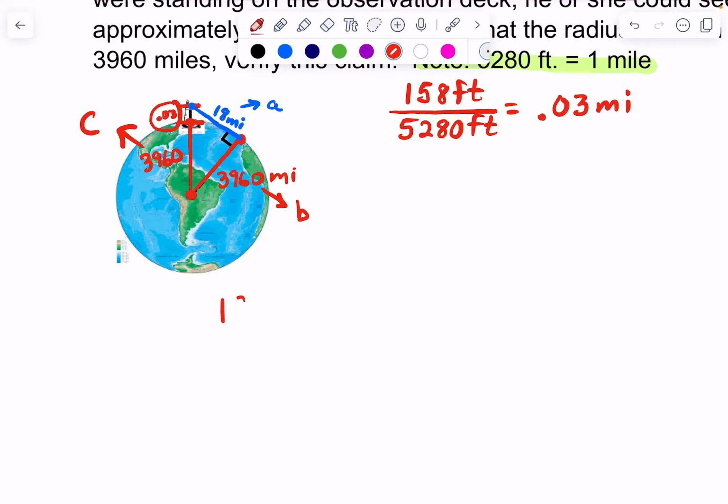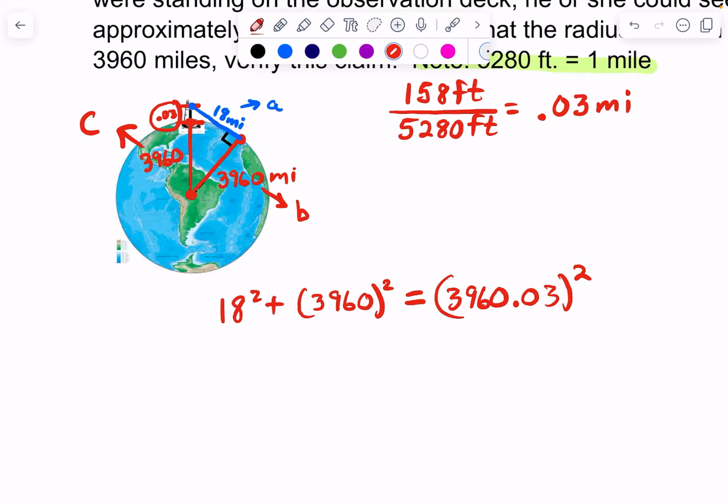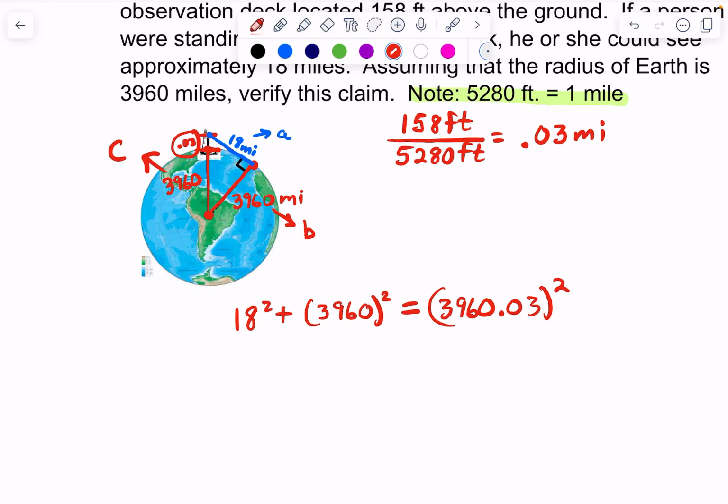A squared, which is 18 squared, plus B squared, which is 3,960 squared, does that equal C squared, which is 3,960.03 squared? Let's see if this is valid. All right, let's verify this claim. So I'm going to go ahead and plug in 18 squared plus parentheses 3,960 close parentheses squared.